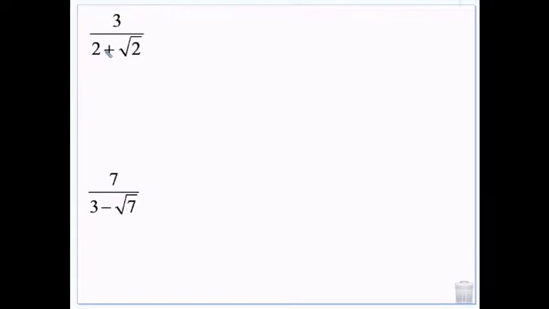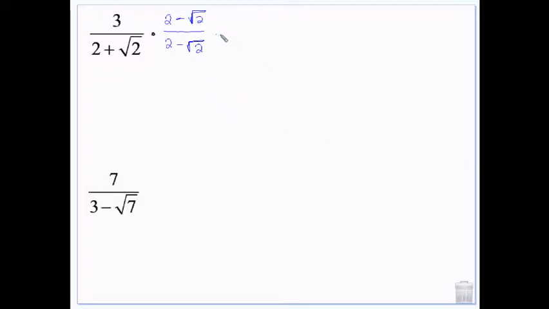What would be the conjugate here? 2 plus the square root of 2, not plus, always the opposite sign. So if it's plus, you multiply it by minus. If it's minus, you multiply it by plus. Okay?